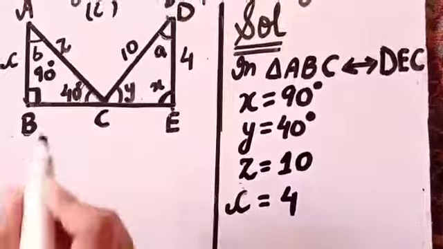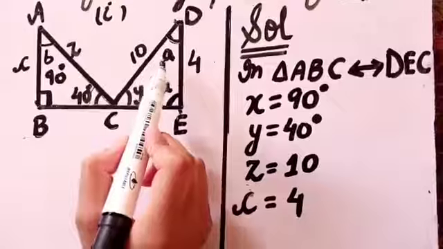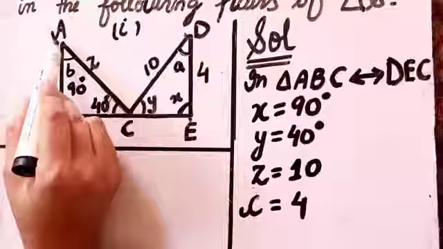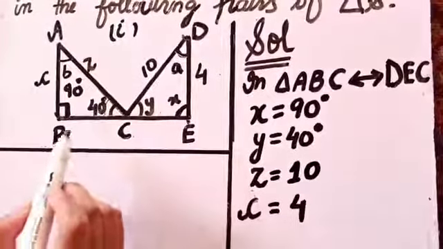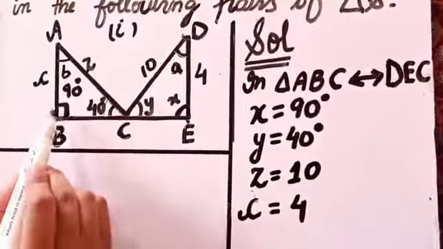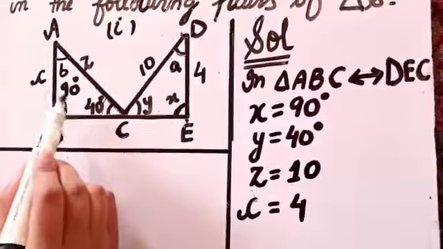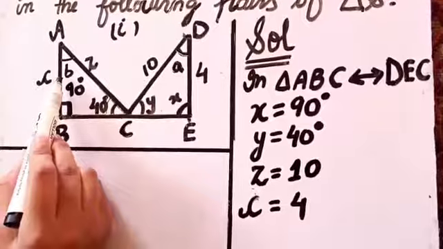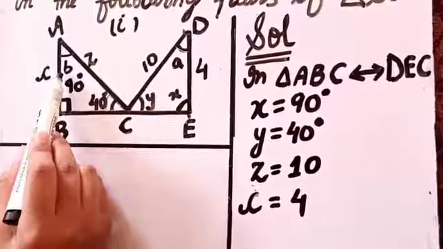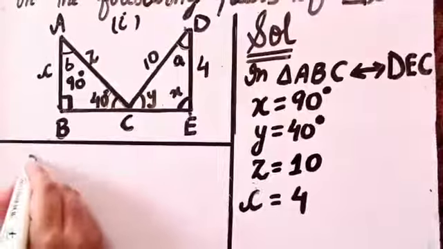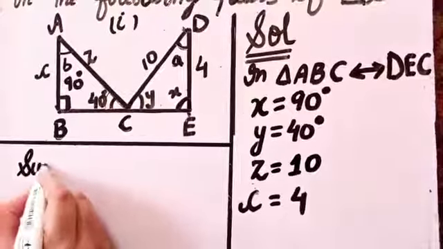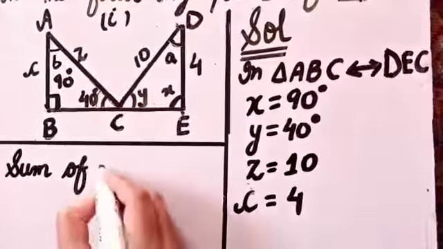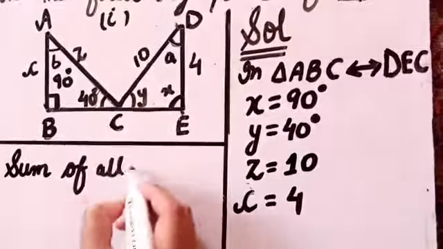Now the remaining two unknown variables are left, that is a and b. Class, now in the first triangle, that is ABC, we have two angles that are known to us, that is 90 and 40, but the third angle, that is b, is unknown to us. So we have to find that angle, that is b. As we all know, the sum of all angles of a triangle is equal to 180 degree.